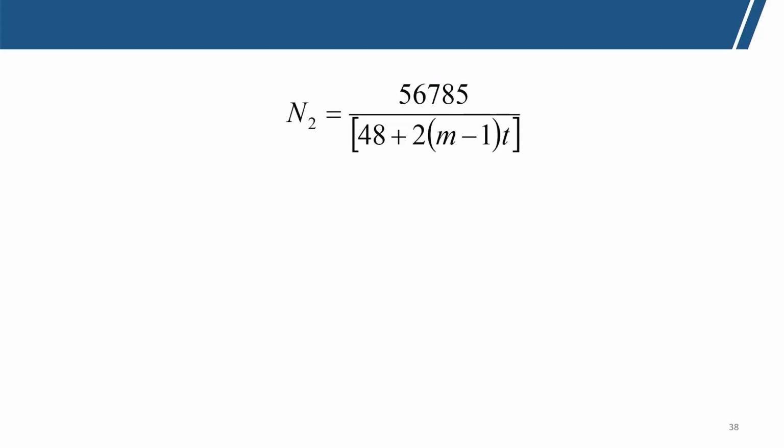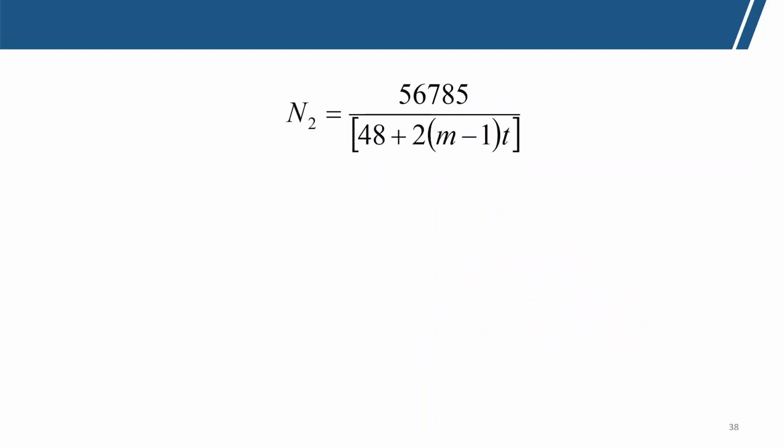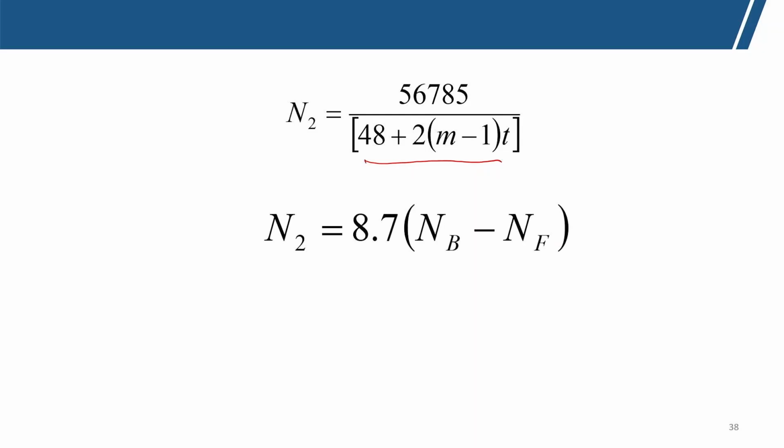So, if we replace V with 20.47, then we get the relationship for N2 for any bobbin diameter. For any bobbin diameter we can calculate the speed of the bottom cone drum, and the bobbin diameter is related in this fashion.